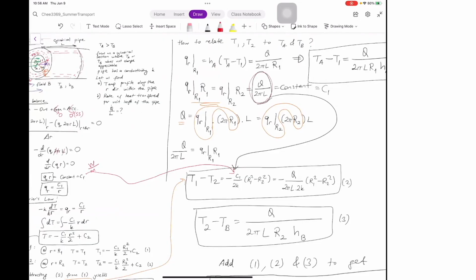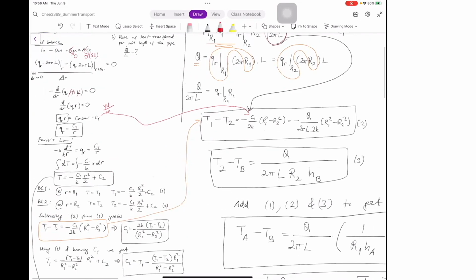Again, here it's watt per meter. Here, this C1, watt per meter divided by watt per meter Kelvin. But you have the R there.